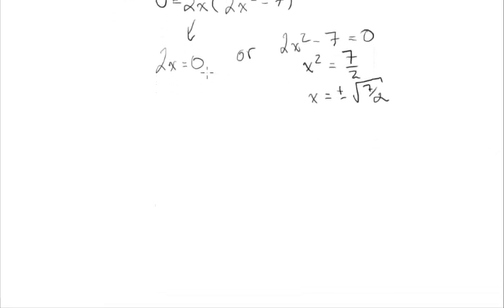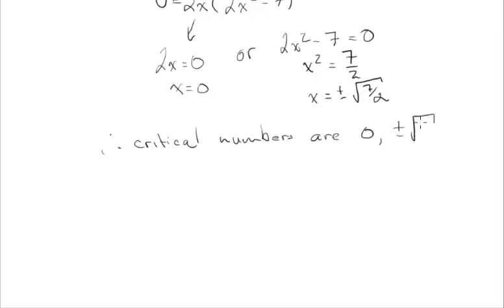So now I've got three critical numbers. This one would be x equals 0. So therefore, critical numbers are 0 and plus and minus square root of 7 over 2.